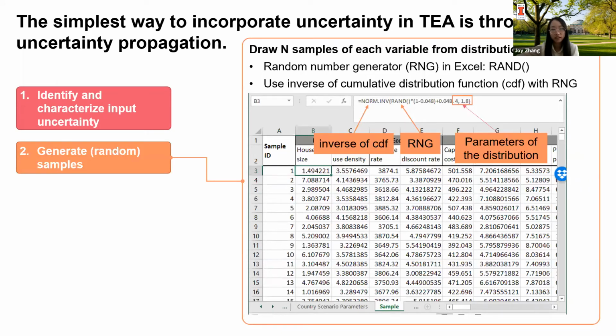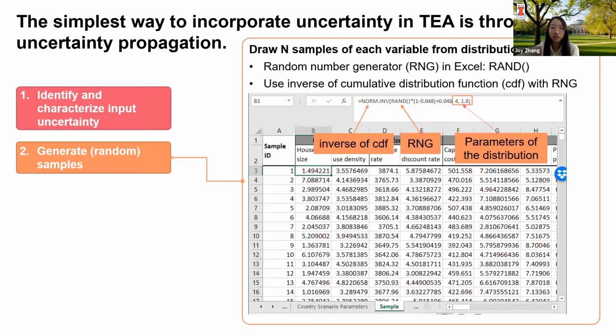To do that in Excel, we can use the random number generator, the rand function, coupled with the inverse of the cumulative distribution function that's available in Excel.